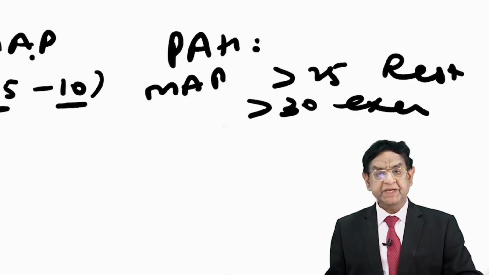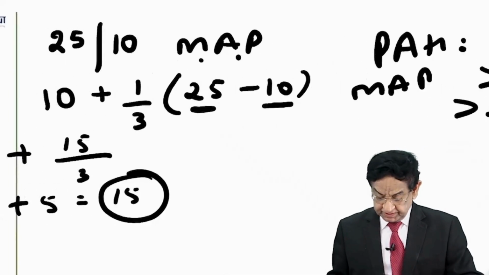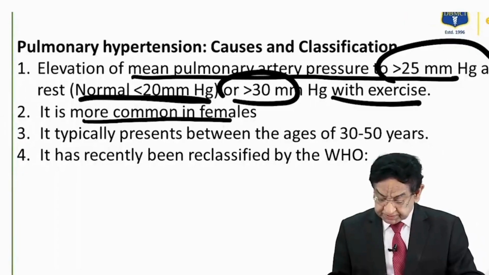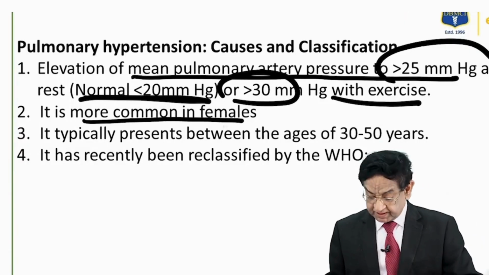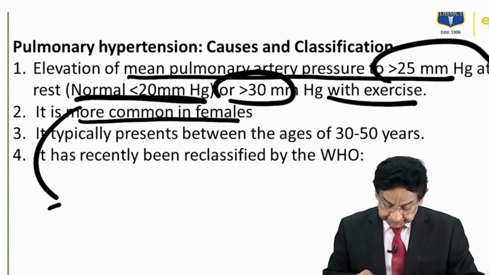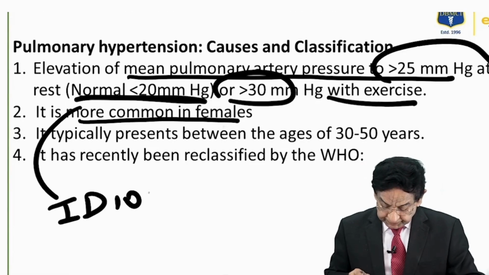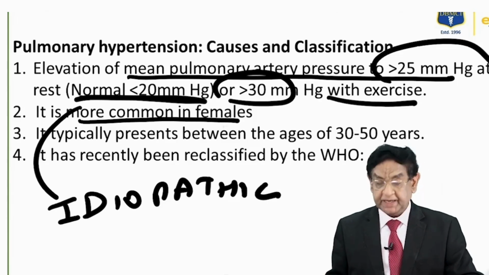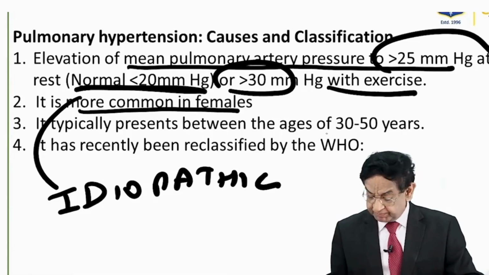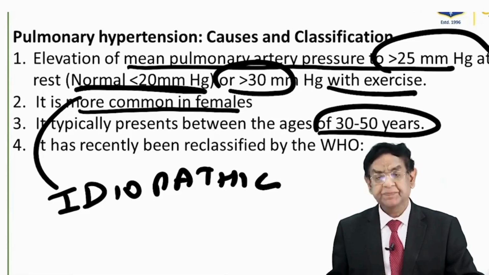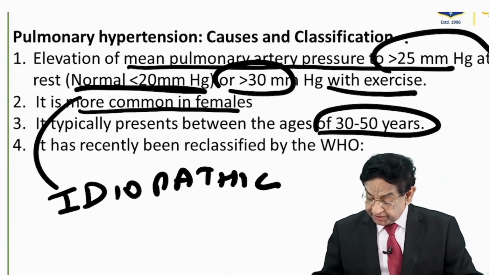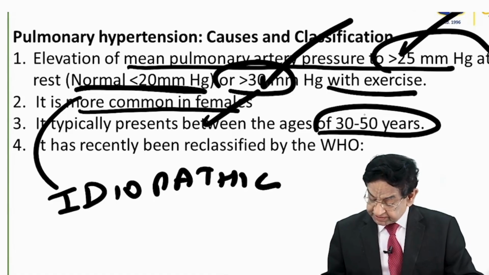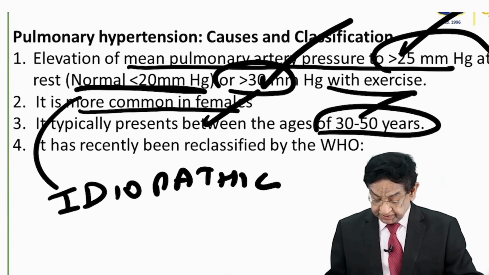This is PAH. More in females, classically the idiopathic variety. This I'll be discussing soon, and typically occurs in young ladies or middle age, 30 to 50 years. So keywords are 25, 30, female and 30 to 50 years.